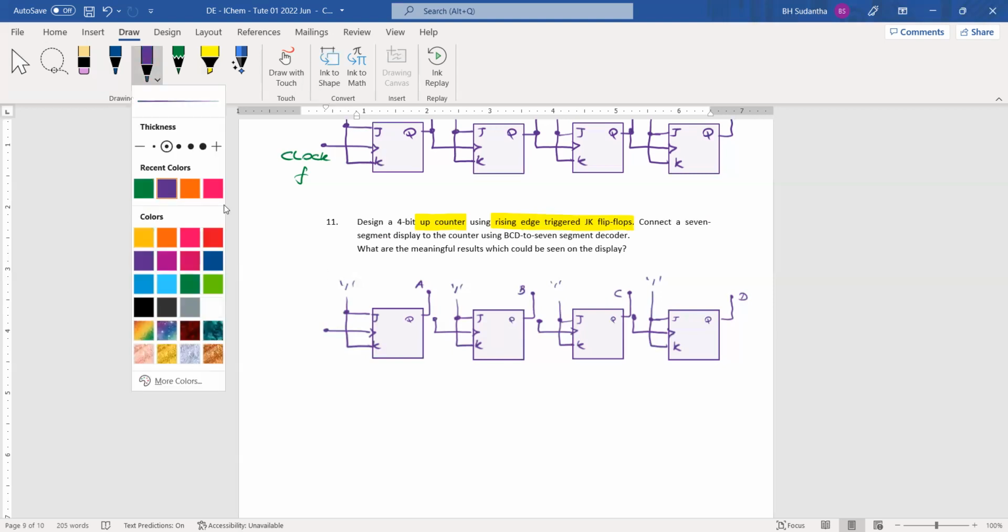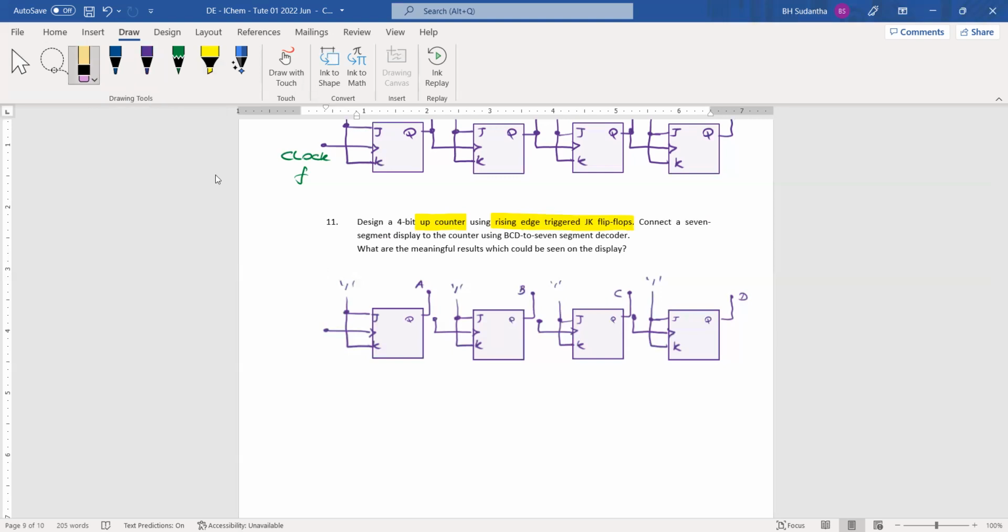When we copy this one, there are certain problems. Here. And this is clock.